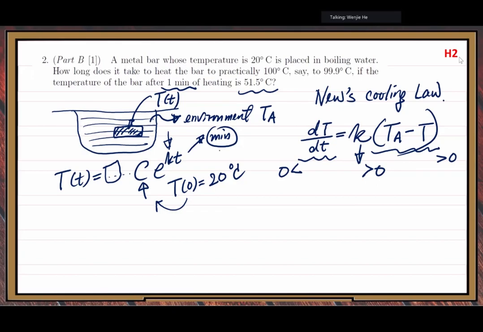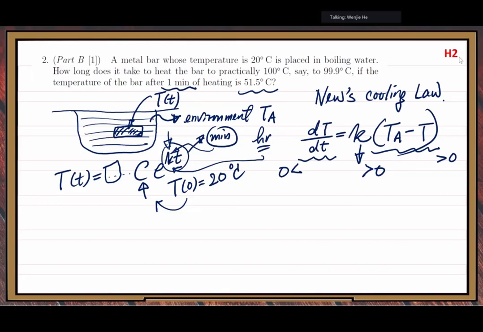Because you can use either hour or minute, but if you use hour, its corresponding K is different. If you use minute, then you just use a different K. But the product, K times t, is actually the same.